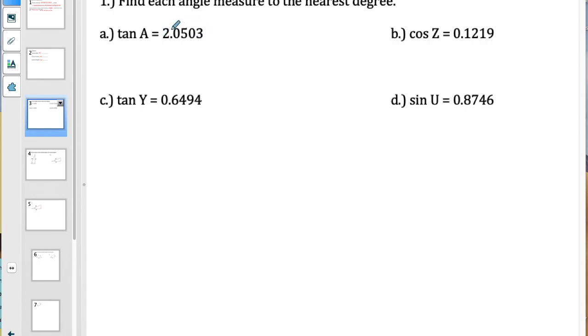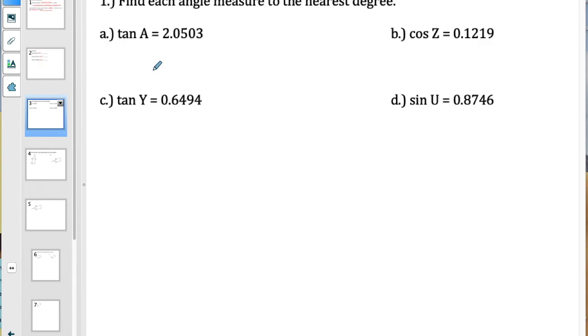What does this 2.0503 mean? What is tangent? Tangent is the opposite divided by adjacent. So whatever those numbers, when I take those and I divide them, I'm getting this number.